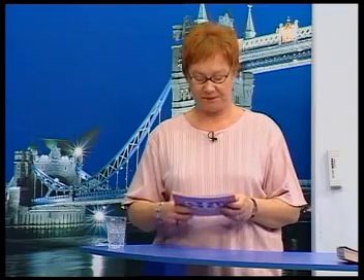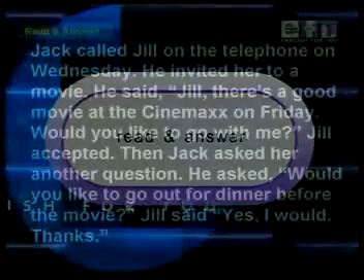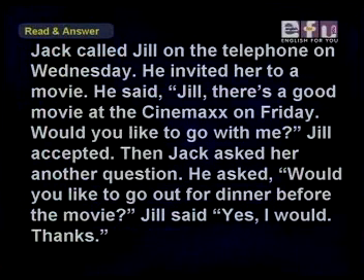Now, read the story and then answer the questions about it. Read and answer. Jack called Jill on the telephone on Wednesday. He invited her to a movie. He said, "Jill, there's a good movie at the Cinemax on Friday.